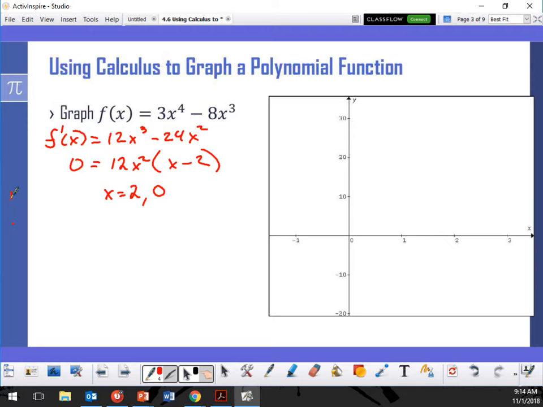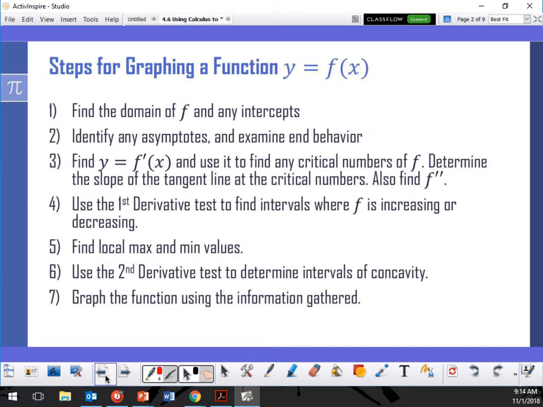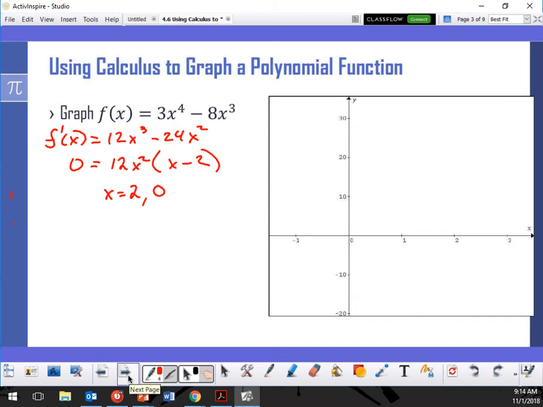Put the x back into the original function. What are you trying to find? Oh, the slope? That's the whole point. Okay, just find the second derivative.